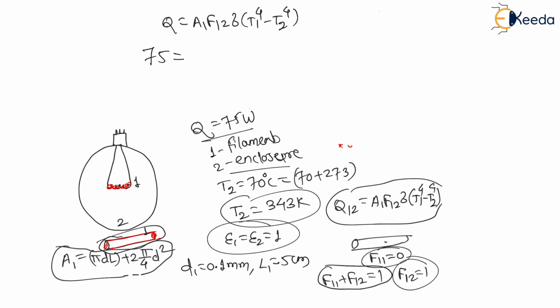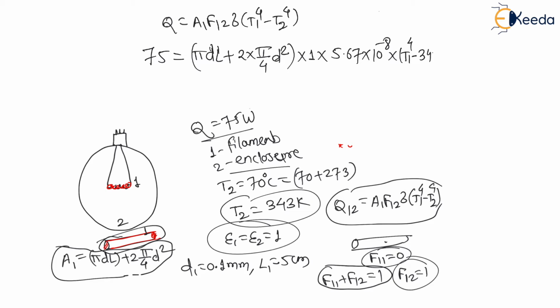Area 1 is pi dl plus 2 into pi by 4 d square, into F1 to 2 is 1, into sigma is 5.67 into 10 to the power minus 8, into (T1 power 4 minus T2, which is 343 power 4). So let us put the values of diameters and length.